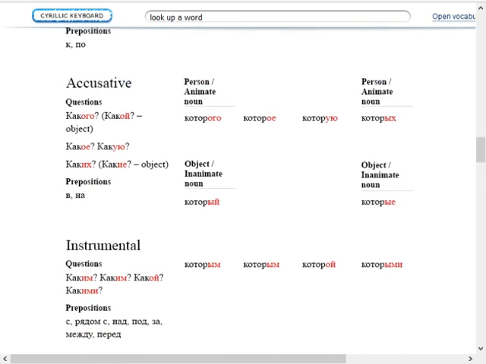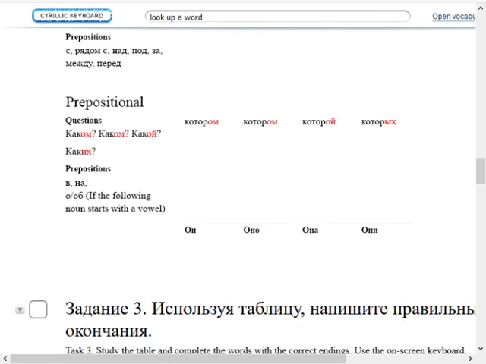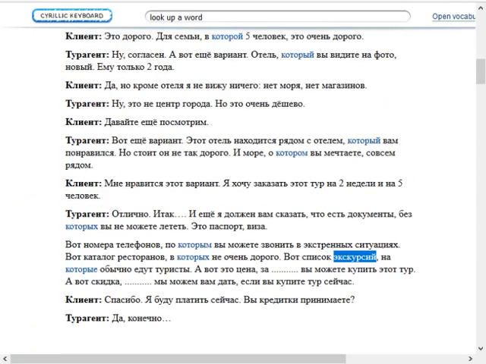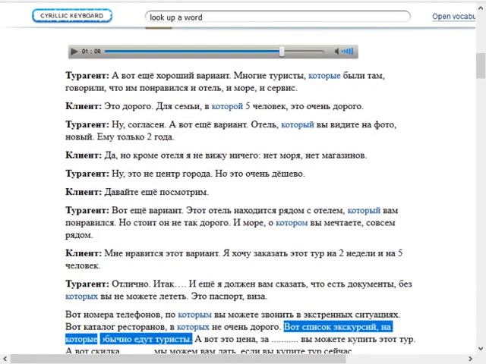Na should be prepositional. Prepositional plural is indeed которых, as you see here on the right-hand side. Okay, makes sense so far. Everything seems to be pretty consistent. So here is a list of excursions on which обычно едут туристы. Usually tourists go. So here's a list of excursions on which tourists usually go.